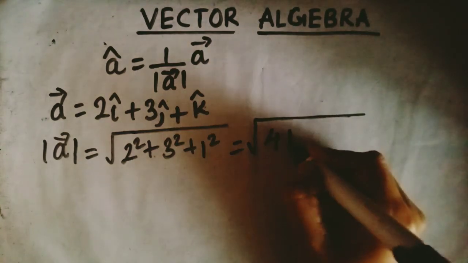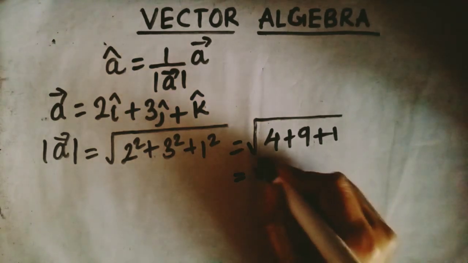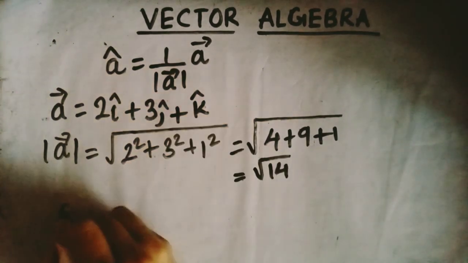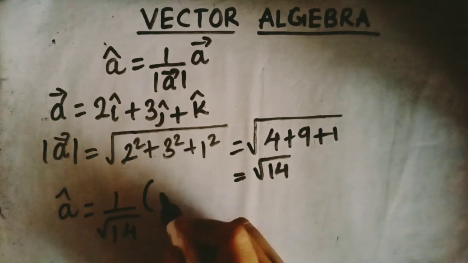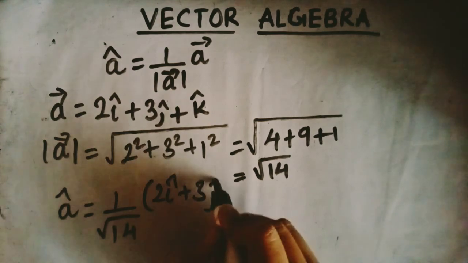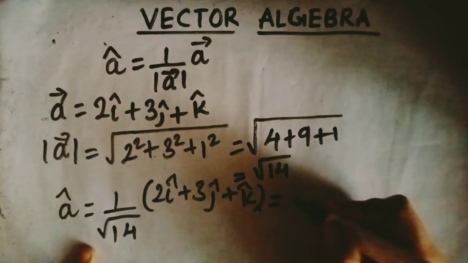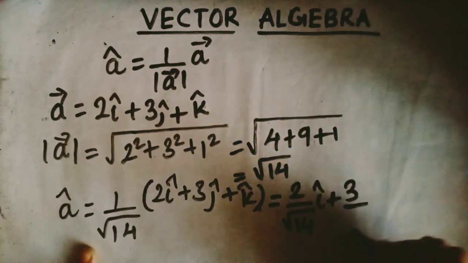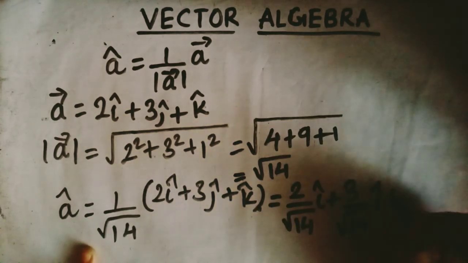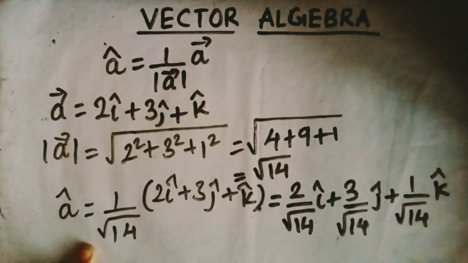So 4 plus 9 plus 1, so root 14. Okay, so your a cap is 1 upon root 14 into 2i plus 3j plus k. Or you can write this as 2 upon root 14 i plus 3 upon root 14 j plus 1 upon root 14 k. Okay, so this is your unit vector.